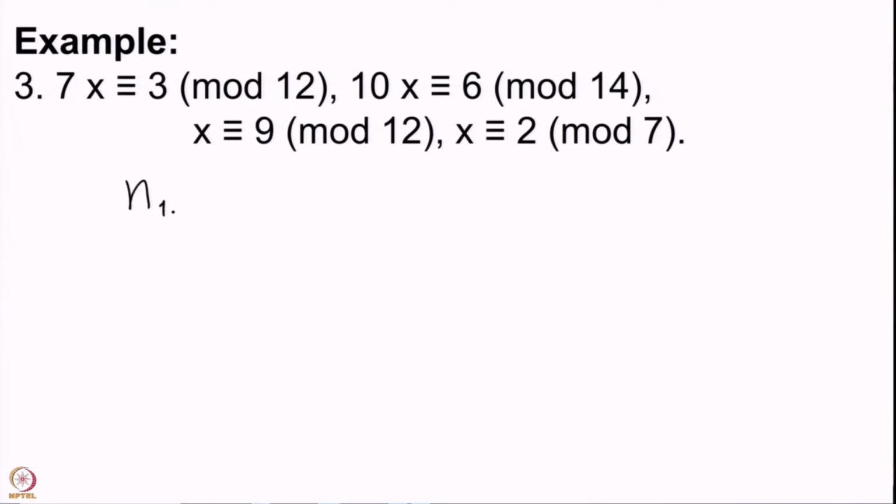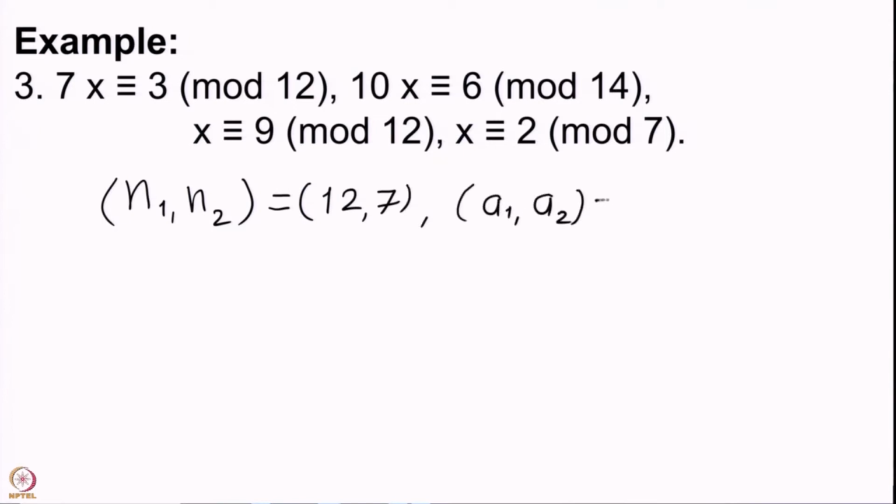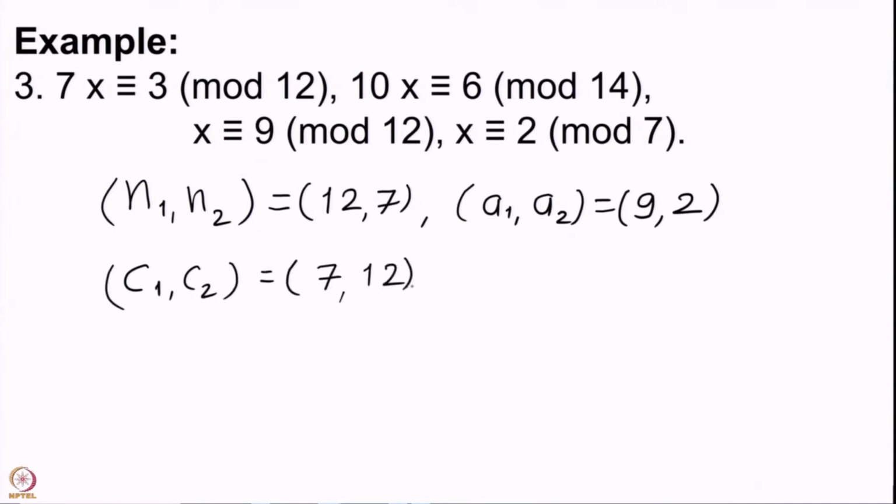quite easy. We should just write what our n1, n2 are. These are 12 and 7. Our A1, A2 are 9 and 2. C1, C2 are nothing but N2, N1. And now I want to compute K1, K2.